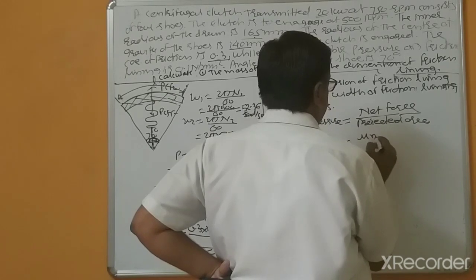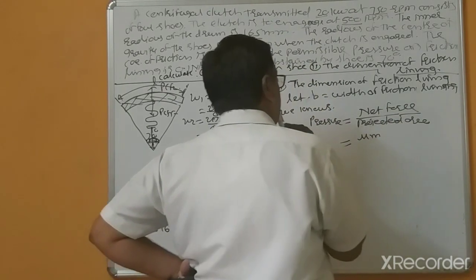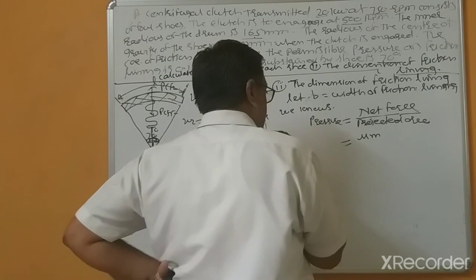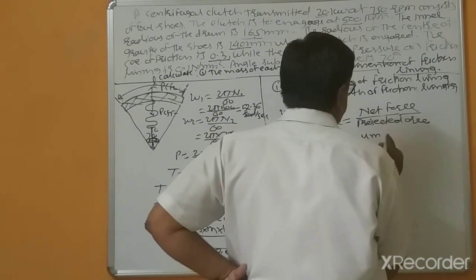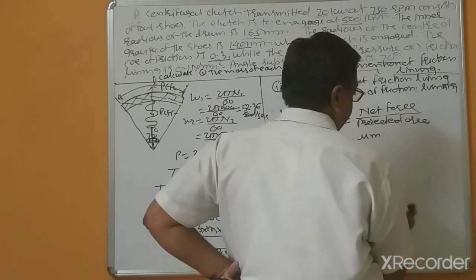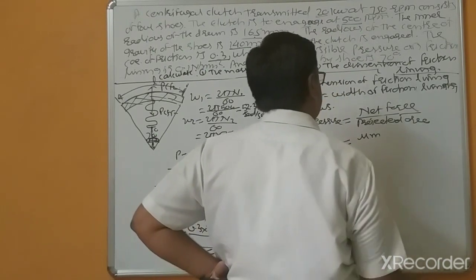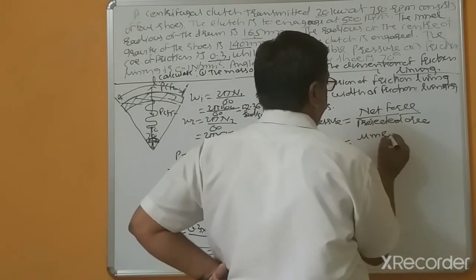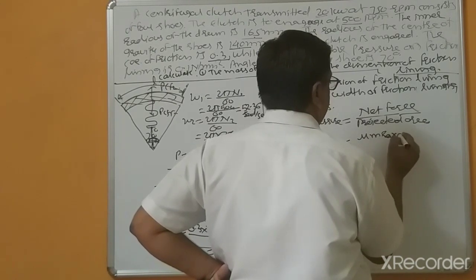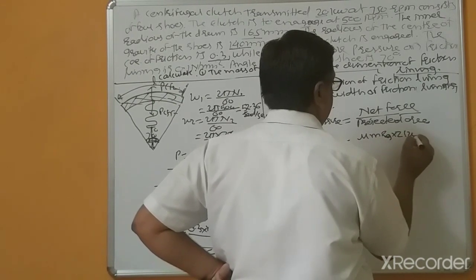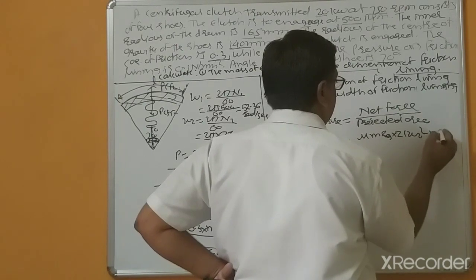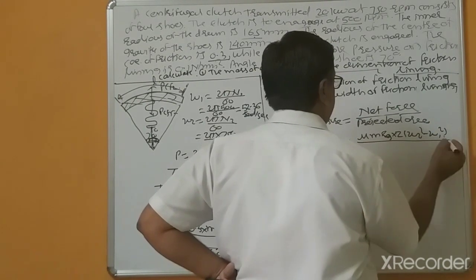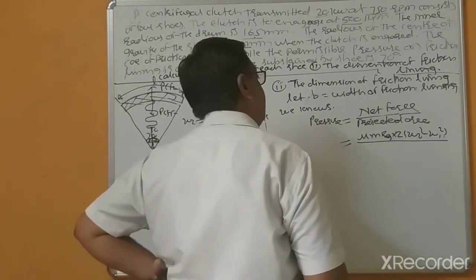So mu into m into Rg into Z divided by the projected area.